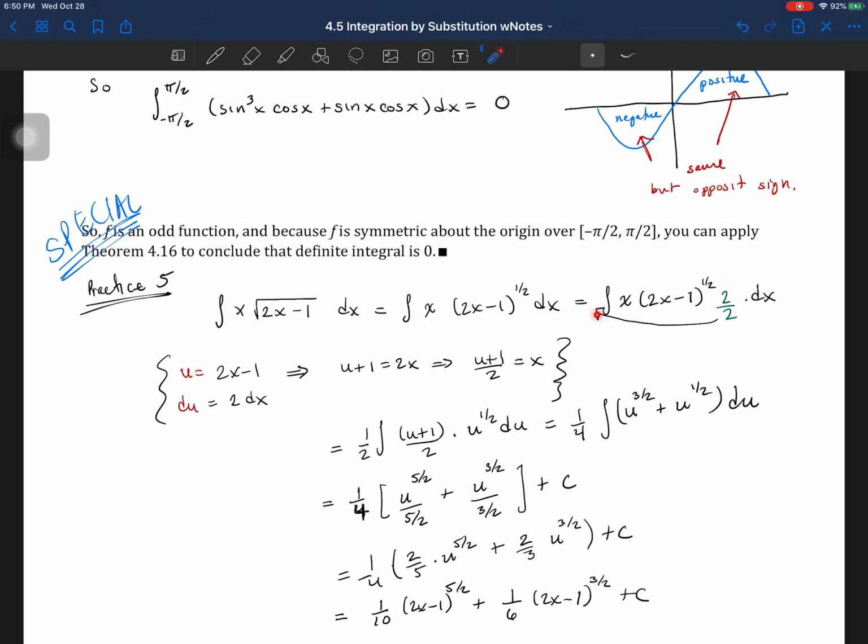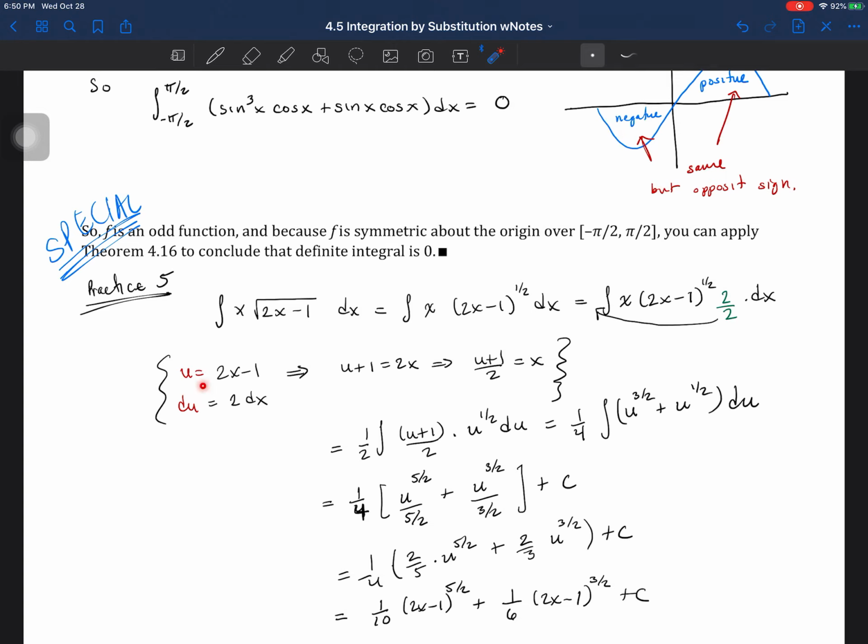That's no problem. My issue is here, that x right there. In fact, those two not matching each other is some heads up that we're going to have to do some special technique.